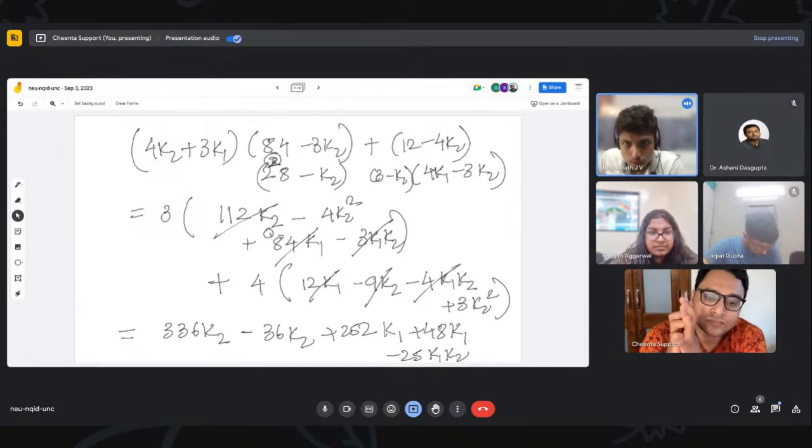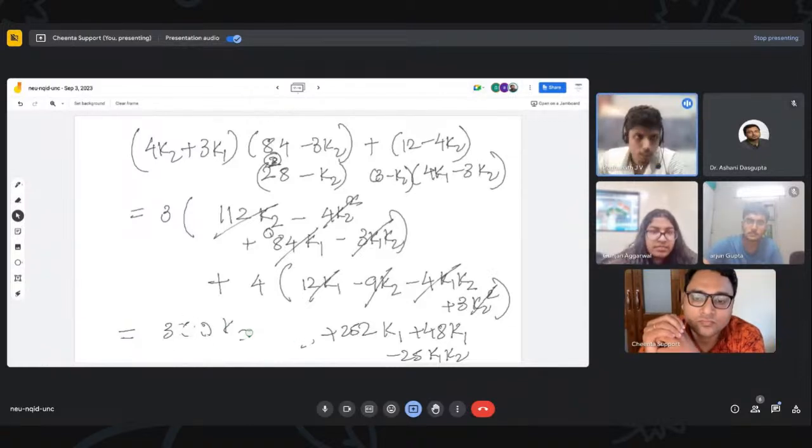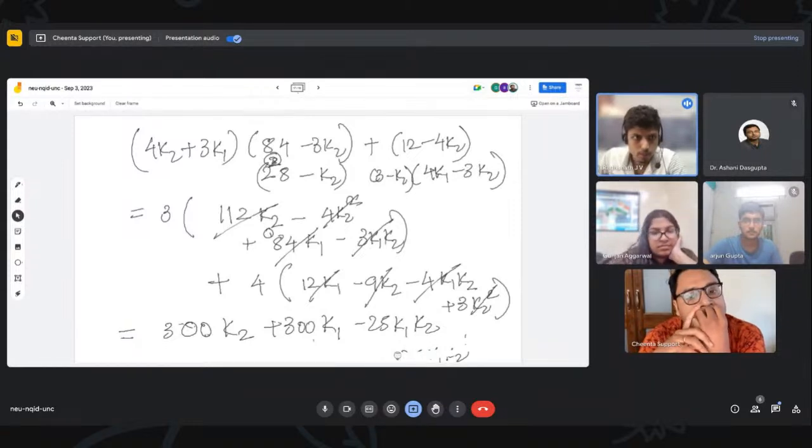And then minus 12 plus 12 k2 square, so that will cancel out. Just funny. So this will be 300 k2, and this will be 300 k1. Wow, they're simplifying to nice expressions. Plus 300 k1 minus 25 k1 k2. So this is the constant term that we have in the equation.